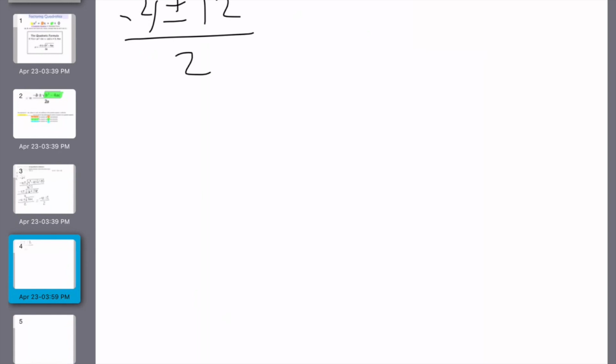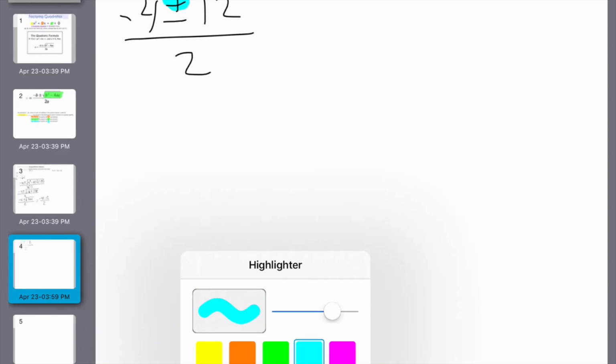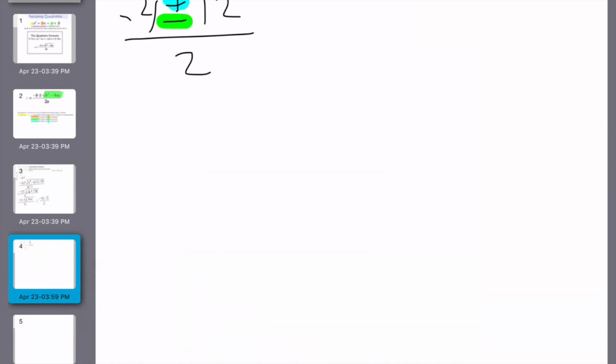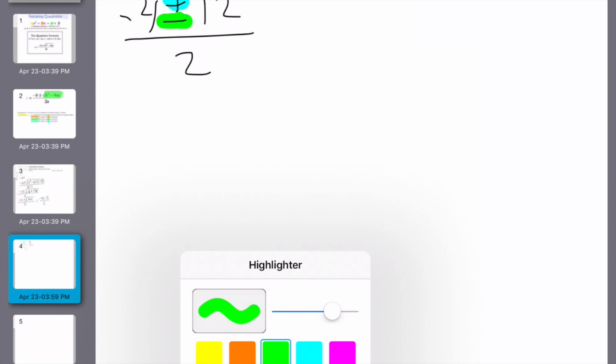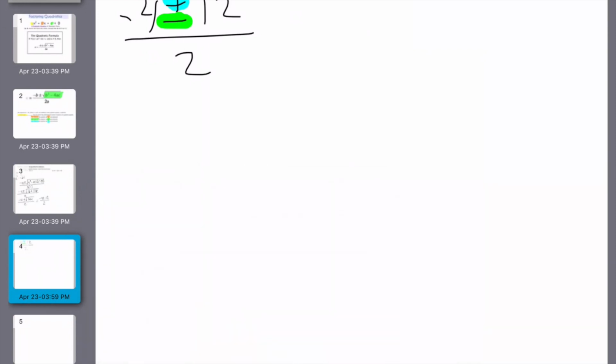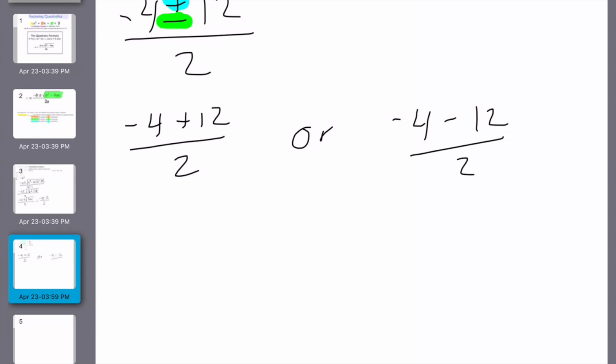One of them is by adding 12 in my numerator, and the other one is by subtracting in my numerator. So that means I have negative 4 plus 12 over 2, or negative 4 minus 12 over 2. So negative 4 plus 12 is going to be 8 over 2, which equals 4.